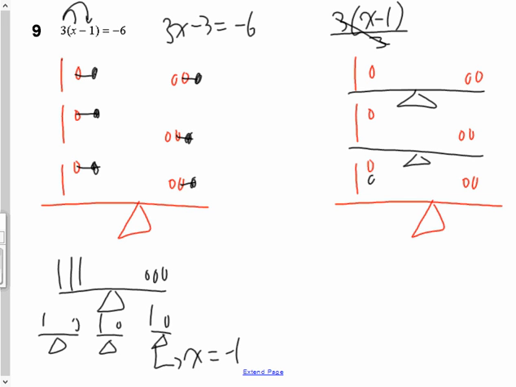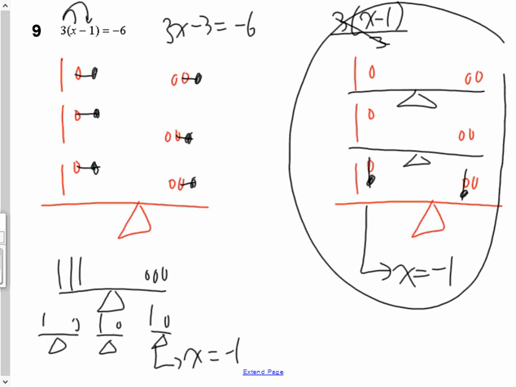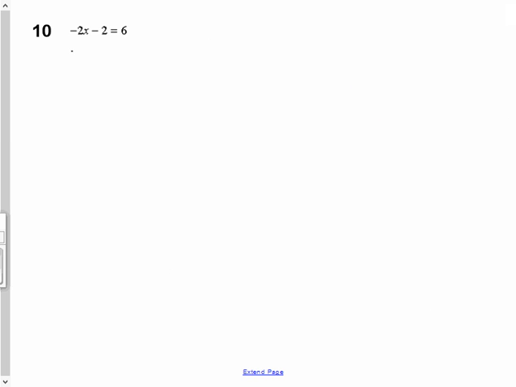So if x minus 1 equals 2, I could add 1 to both sides, leaving me with x equals negative 1 as my solution. I don't expect anyone to draw this one. I never even talked about it, but it is a way that we could have modeled that question, dividing each group of the x minus 1 into 3 different groups, and then solved it that way. But it's okay if you didn't.